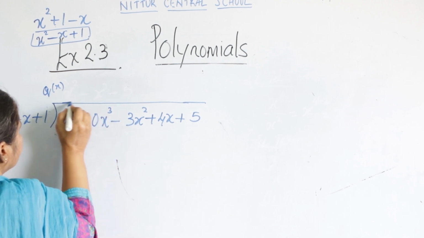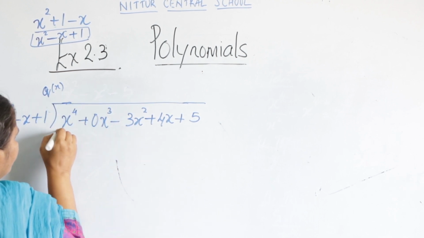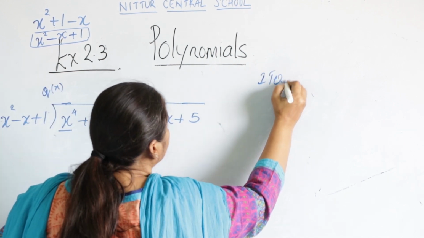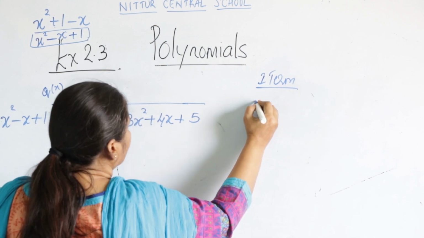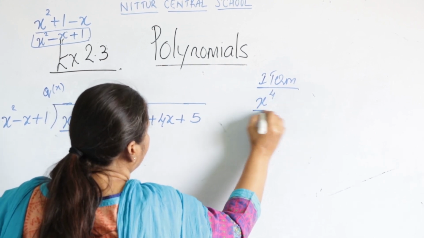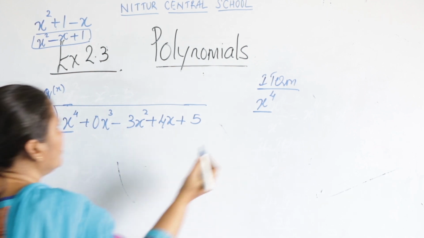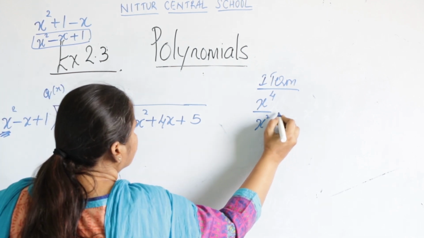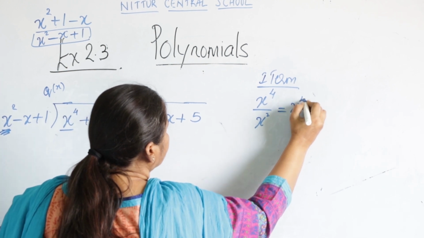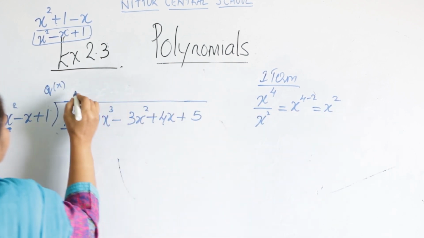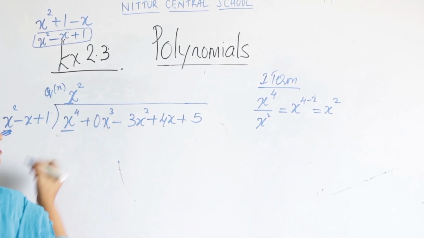To get the first term of q of x, let's begin with the first term of p of x, x raised to 4, and divide by the first term of g of x, and remember this will remain constant for all the terms, x raised to 2, which is equal to x raised to 4 minus 2, x raised to 2. So this is our first term, x raised to 2.